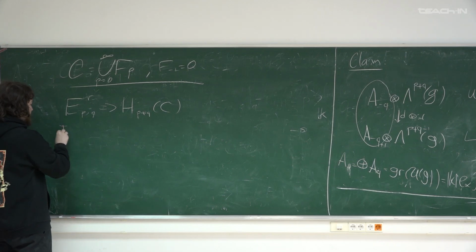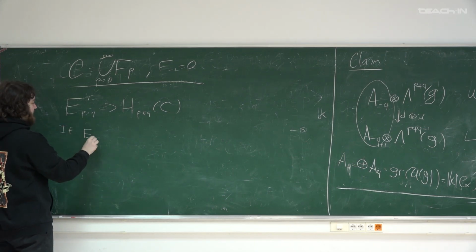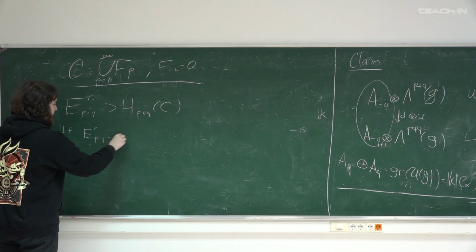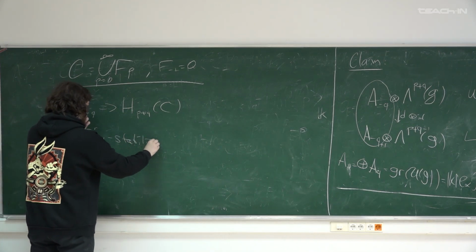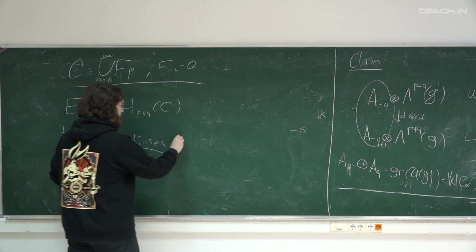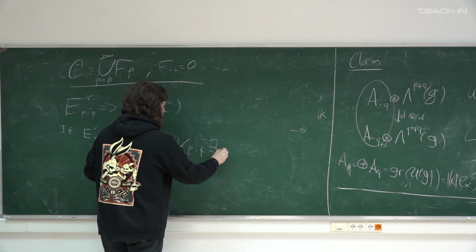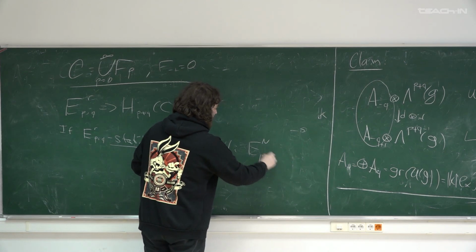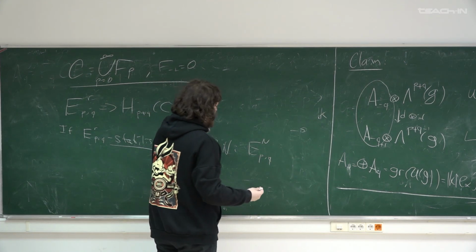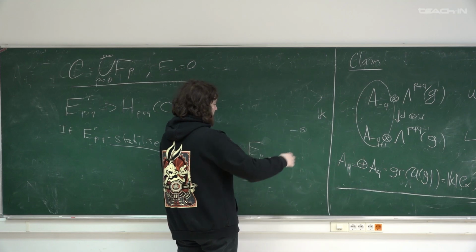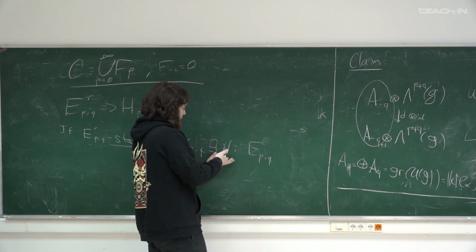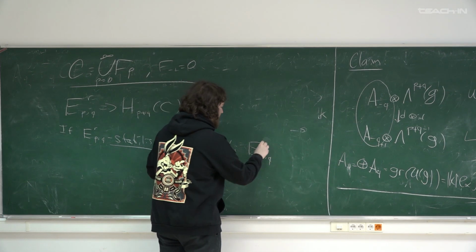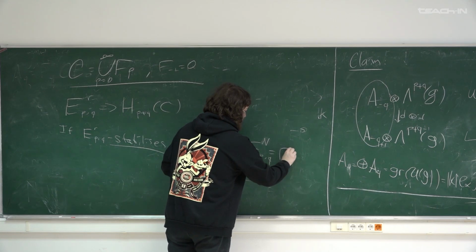So if our spectral sequence stabilizes, which means that for any p, q there exists some n such that all differentials inward and outward are zero starting from some page, then we have some number such that the infinity page can be defined.